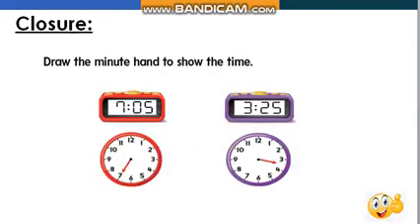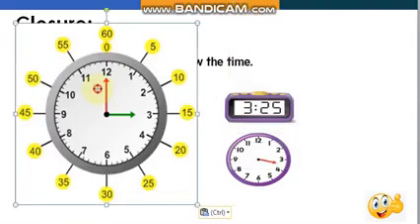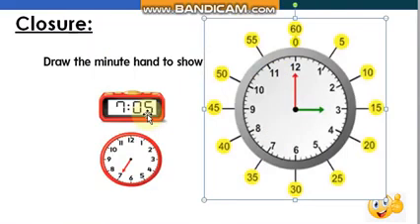Here the time is 7:05. We're gonna skip count by 5 and we already found the answer. Well, that was easy, right? It's 1 because when we count we start with 5.